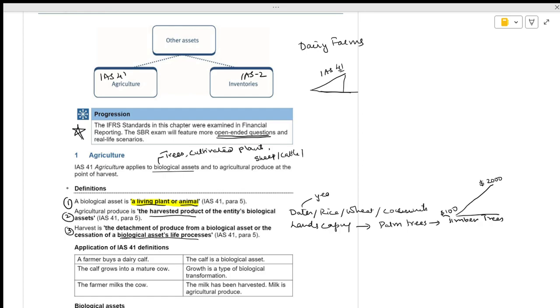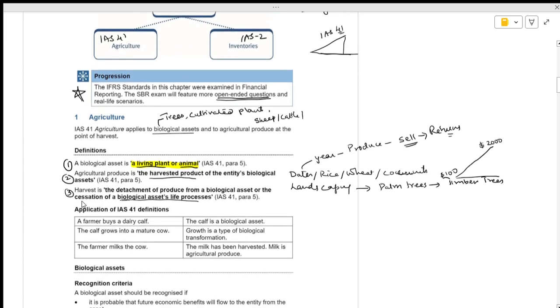Every year you will have the produce, and at the end of the process, you will sell and you will get returns. When we are talking in terms of biological assets, they can be classified into various types, in terms of living plant and animal specifically.